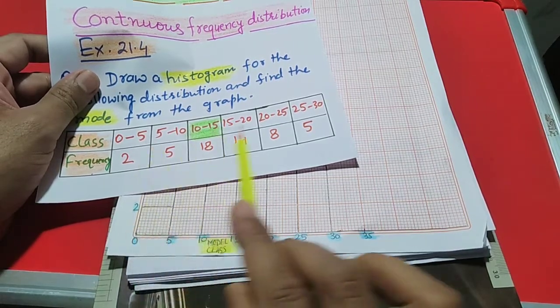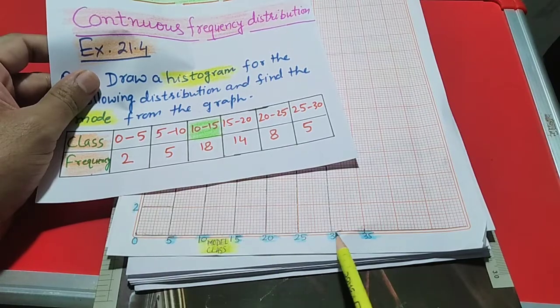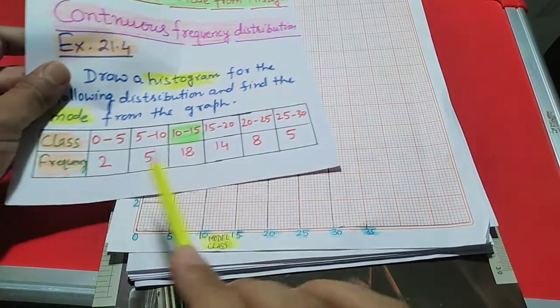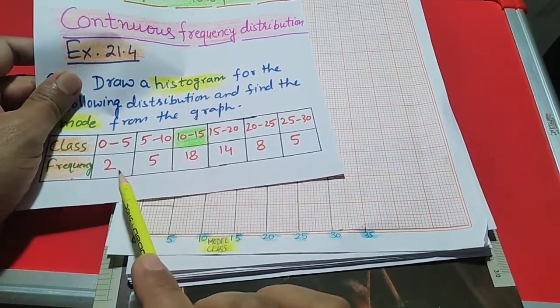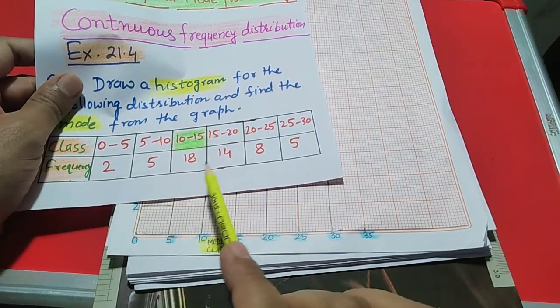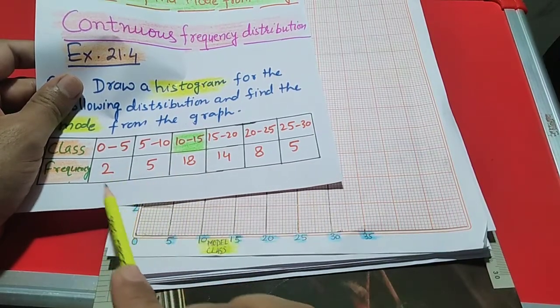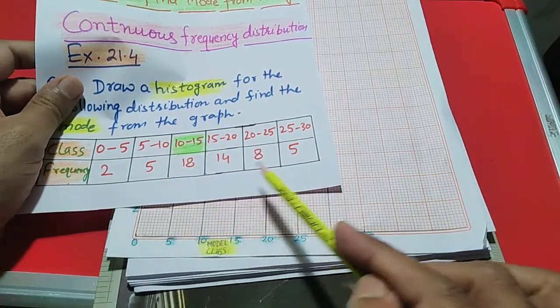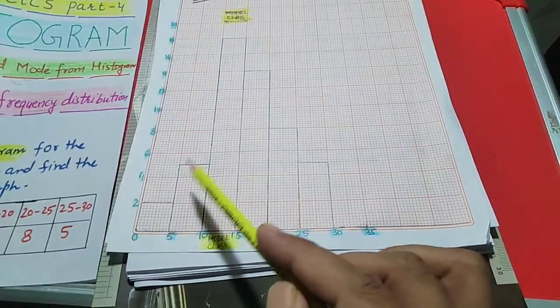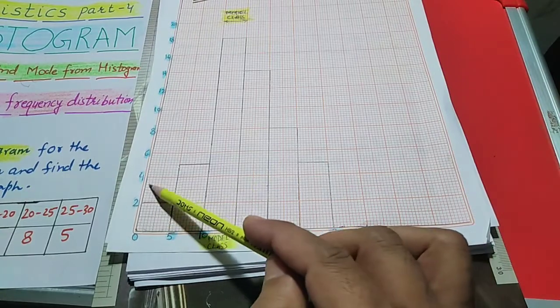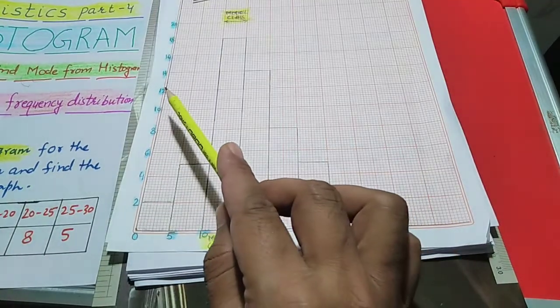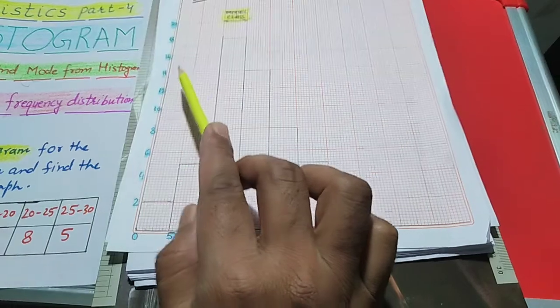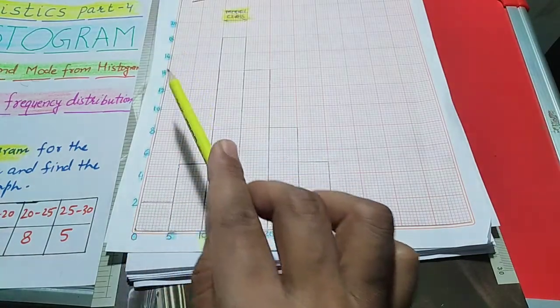Now the frequencies: 2, 5, 18, 14. You have to adjust your y-axis, that is the vertical axis, according to the given frequency. So I have chosen 2, 4, 6, 8, 10, 12, 14, 16, 18 and 20.